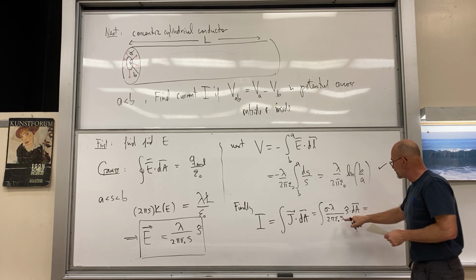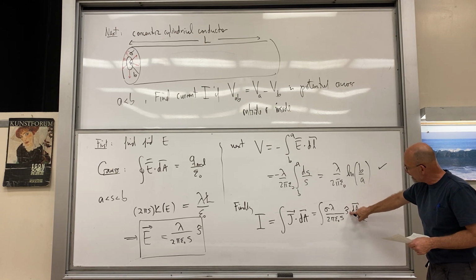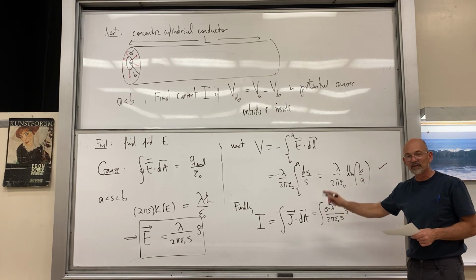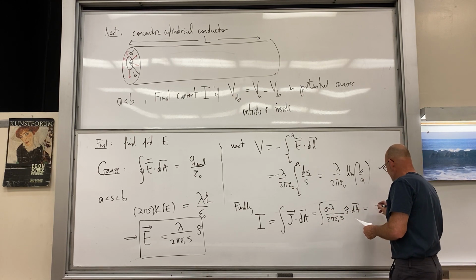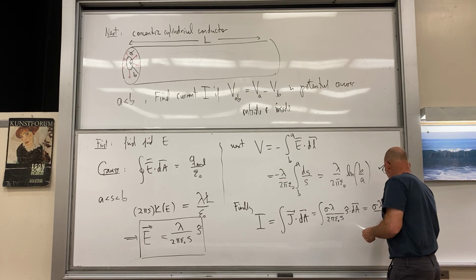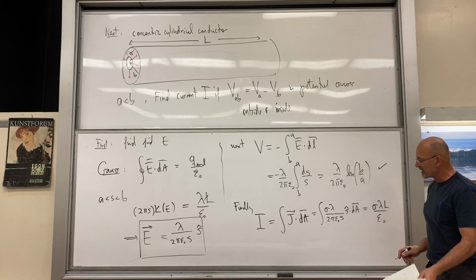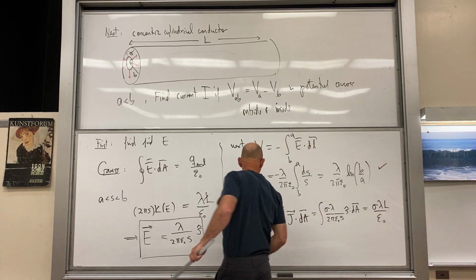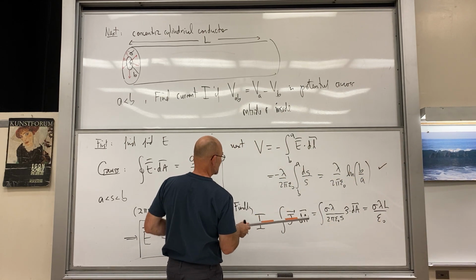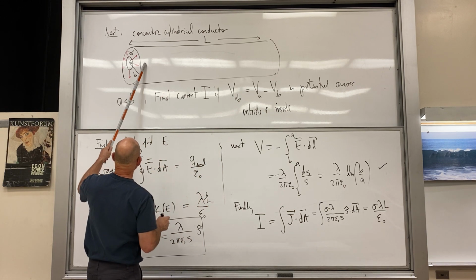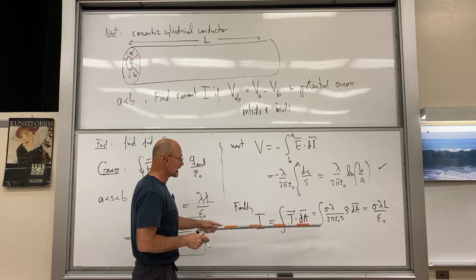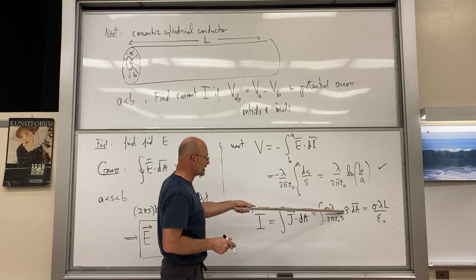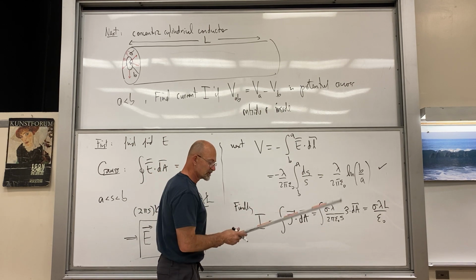So that's why the 2 pi S here and the 2 pi S from this integral cancel. And we're just left with sigma lambda L over epsilon naught. So you gotta be careful seeing what I did right there. The S hat pointing out, the dA is as well. So they're parallel. We're getting the 2 pi s out of the numerator and the denominator. So that's what's left.